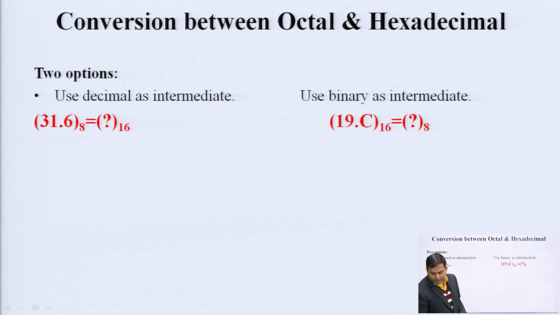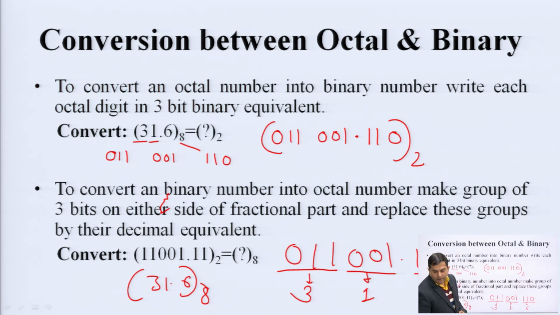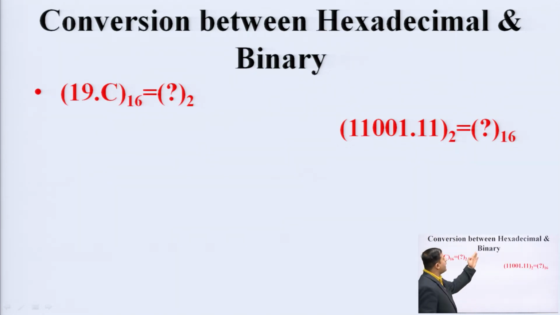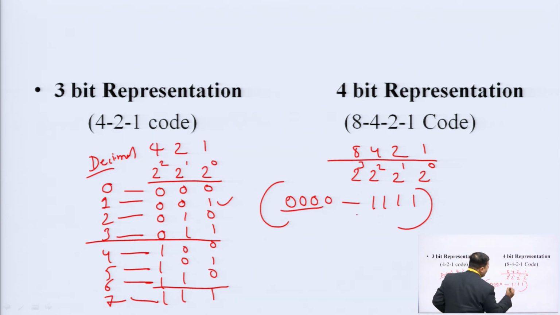Similarly, we have done octal to binary. Now, if we want to convert hexadecimal to binary, we will group by 4. In octal to binary we take groups of 3; for conversion between hexadecimal and binary we take groups of 4. I have already told you this 8421 code, which is a grouping of 4 numbers.